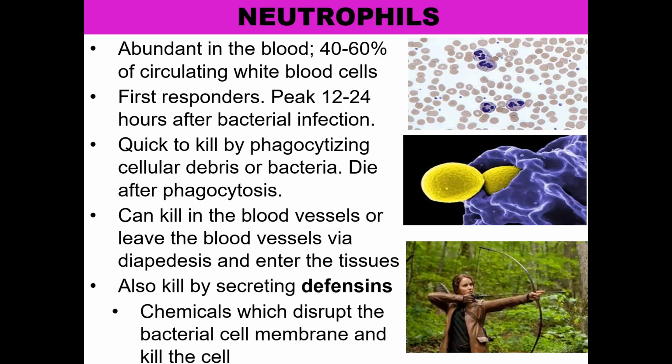So I put this picture of, I don't know if you all are Katniss fans from the Hunger Games, but imagine defensins are kind of like a poison arrow. So neutrophils can also kind of shoot these over at the bacteria, and like an arrow will poke holes in the cell membrane, and then the cell membranes will dissolve, and then the cell will die.